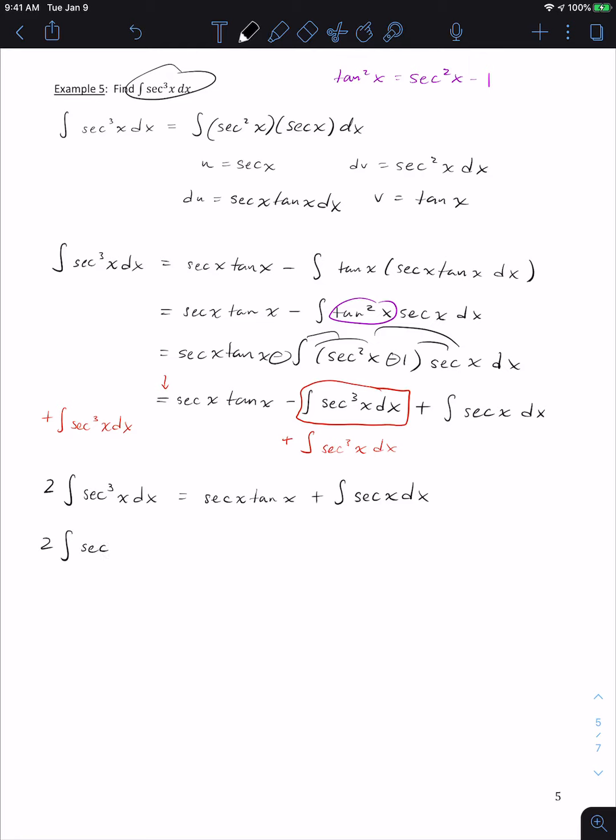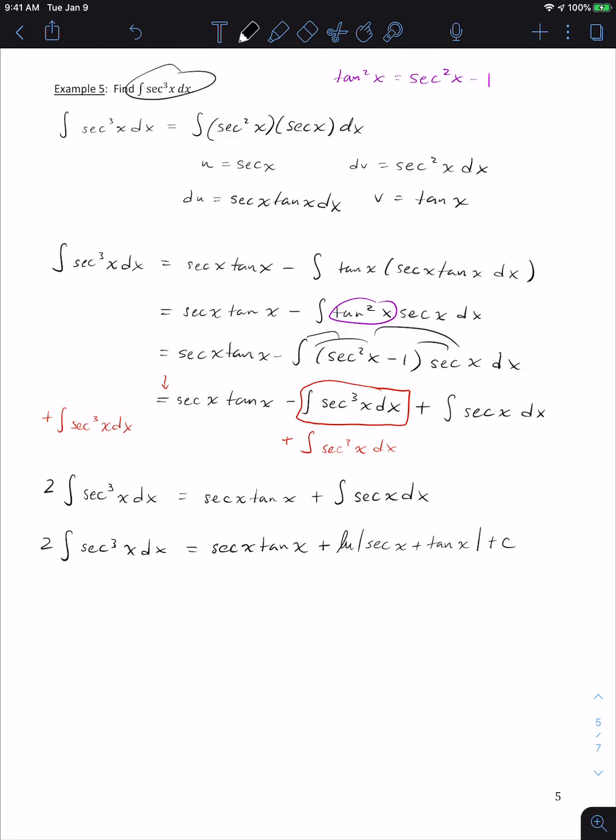Now we need to know the antiderivative of secant x. Off the top of your head, you may not recognize what this is, but it is the natural log of the absolute value of secant x plus tangent x. All right, that is what the antiderivative of secant x is.